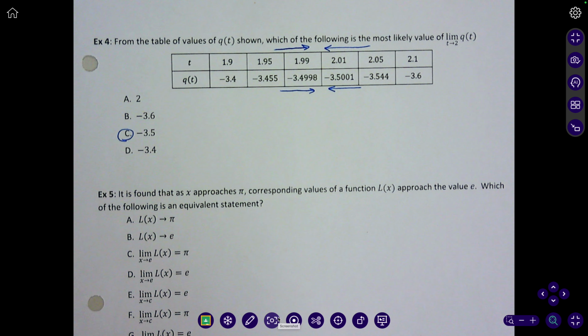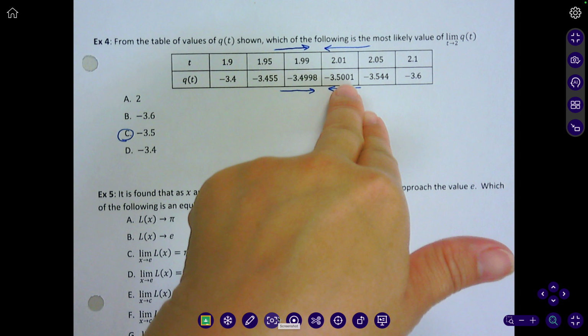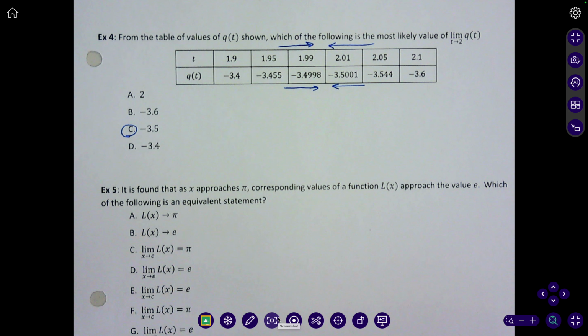If they're not the same, then we cannot say the limit is going to go to negative 4, because the numbers differ too much. In this case, the numbers don't differ that much, so we can say it's going to approach negative 3.5. Are we okay? Any questions? All right, example 5 is the last one.